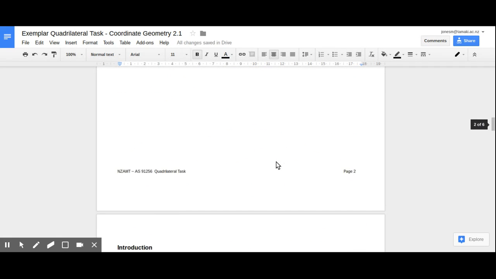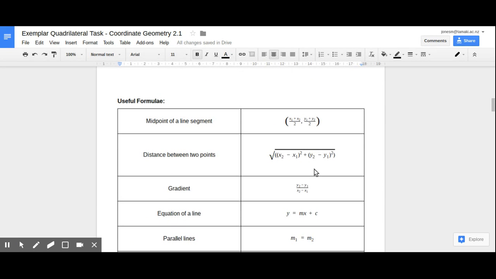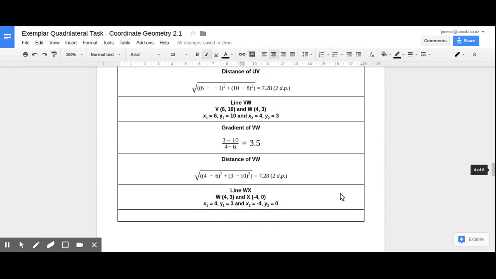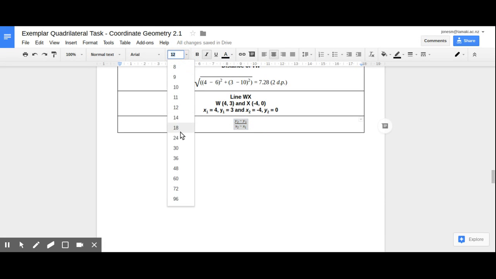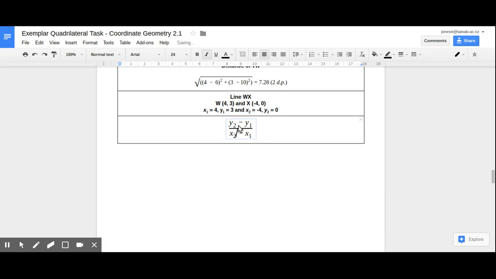Okay, so then using our gradient formula, our y2 is 0, our y1 is 3, our x2 is negative 4, and our x1 is 4.